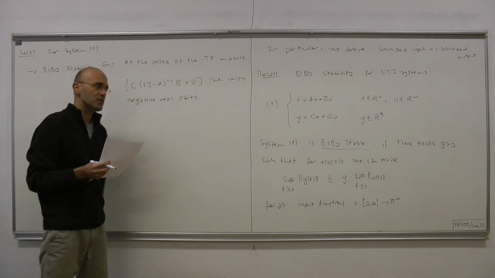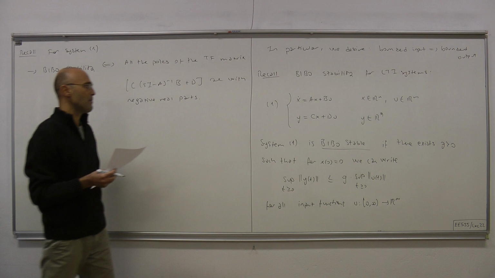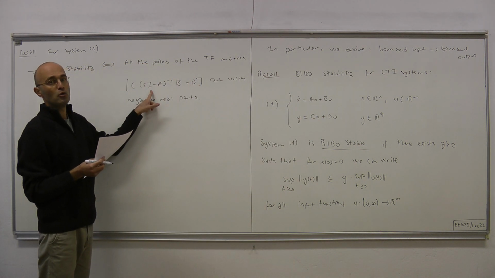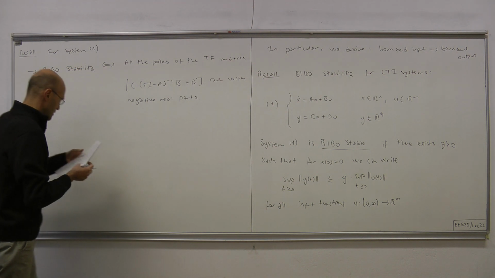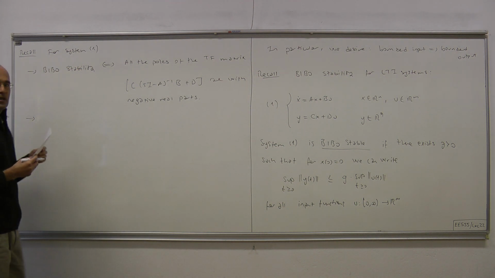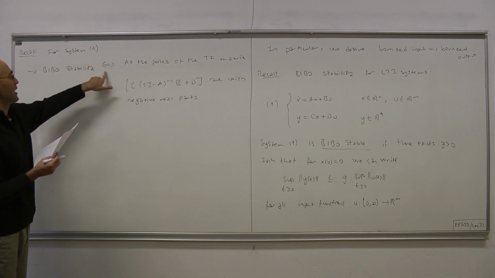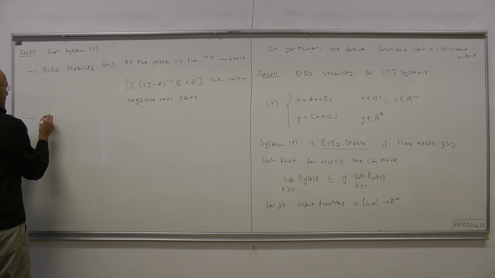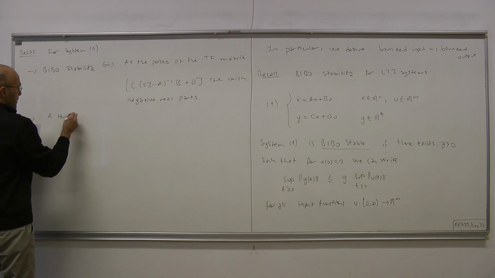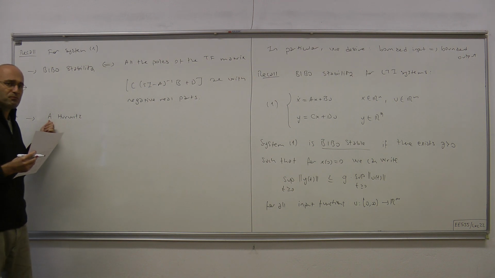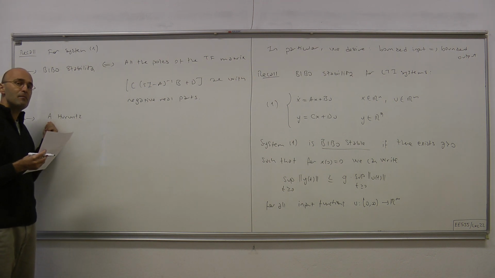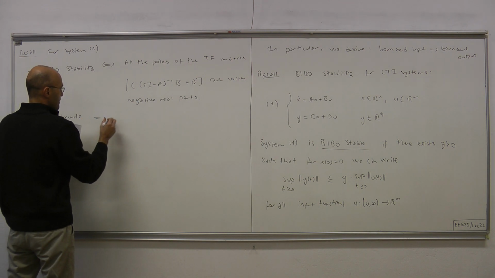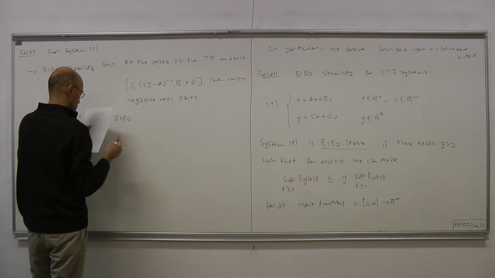But the reverse direction is not true, because there may be some eigenvalues of A that do not appear as poles of the transfer function matrix. So therefore, that relation is only one directional, unlike the bidirectional implication here. So A with eigenvalues with strict negative real parts, and such A matrices we call Hurwitz matrices, implies that the system is BIBO stable.